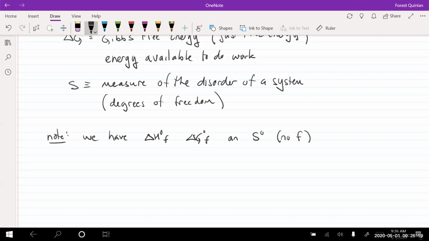The elements already are entropically what they are. There is no formation. It all starts at 0 and goes up from there, kind of like Kelvin. So there's no formation here. It's just going to be delta H naught of formation, delta G naught of formation, or just S naught.